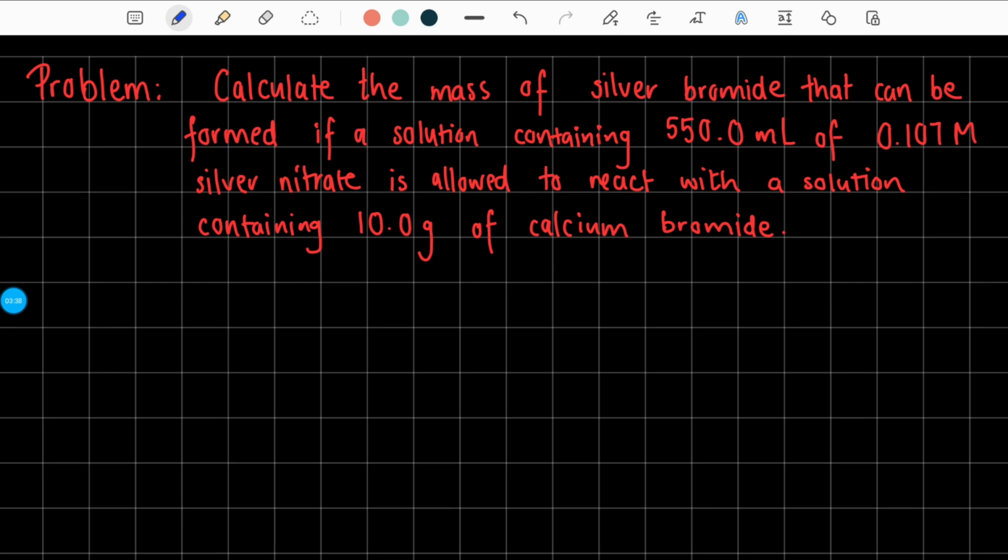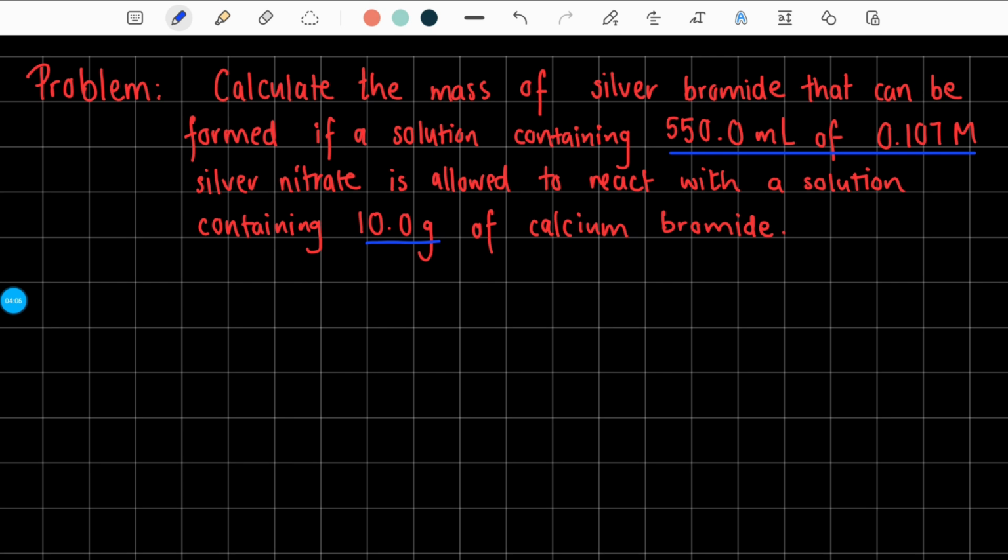Now, the first thing that you should note here is that this is a limiting or excess stoichiometry problem because you are given too much information. You are given information about both of your reactants, silver nitrate and calcium bromide. You are given the mass for your calcium bromide and you're given the volume and concentration of your silver nitrate.